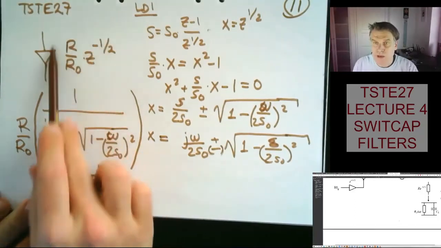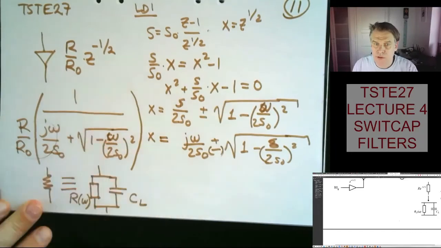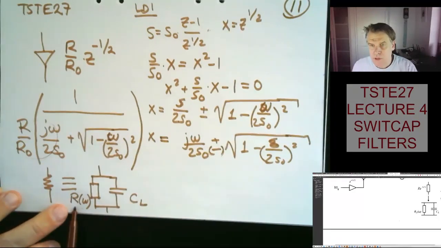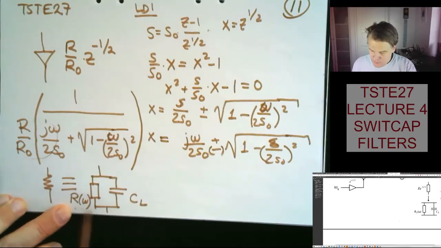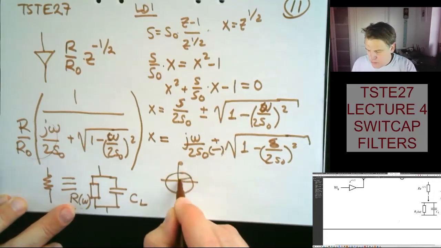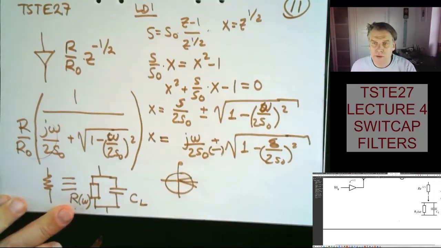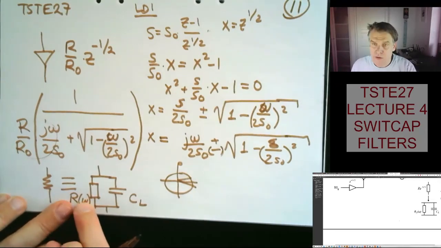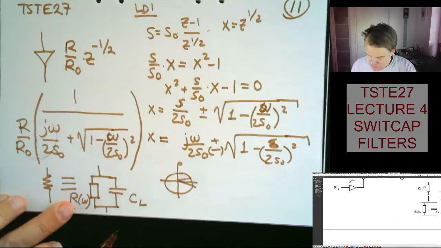That's a fact due to the pushing of Z to the half through the system. So ZL pops up and R of omega becomes frequency dependent. But once again, the motivation is that we're looking at a very narrow band in our circle here, so we can assume that this frequency dependence is more or less unity, so we don't really see that dependency.